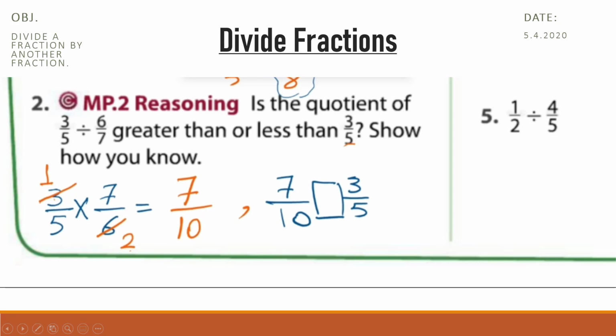I can make this 5 to be 10 by multiplying by 2, so this fraction is equal to 6/10. And of course 7/10 is more than 6/10. So the quotient is greater than 3/5. So the answer is greater than.